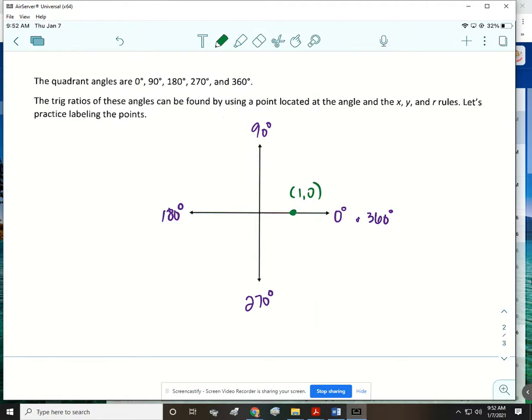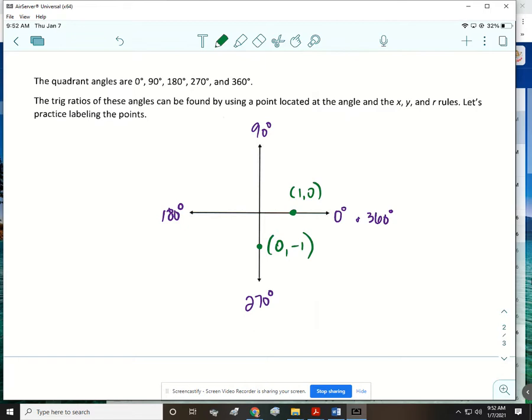All I want you to do is graph a point at that angle and then label it using how many you moved over or how many you moved up or down. So let's go ahead and do 270 degrees also. We would just put a point there, and that point is where I moved over 0 and down 1, so it's the point 0, negative 1.